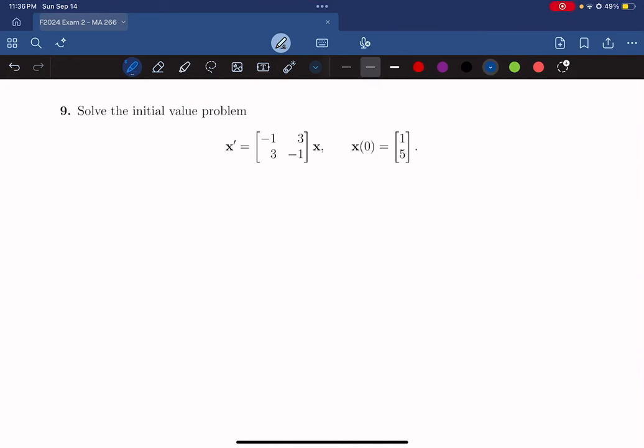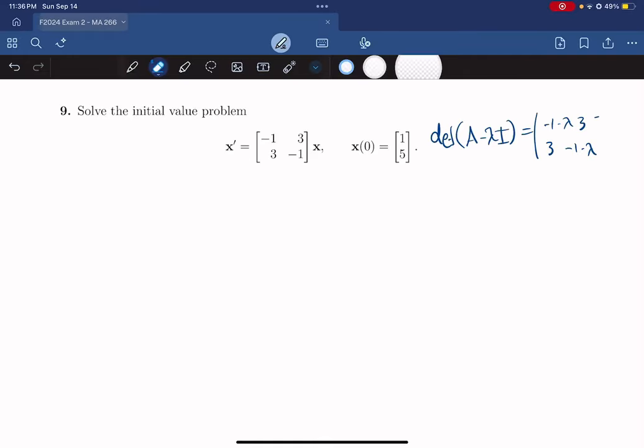Alright, so this question is just one of your average IVP problems. So first thing we're going to do is find eigenvalues, as always. So we have our negative 1 minus lambda, and it's going to be straight lines because it's a determinant.